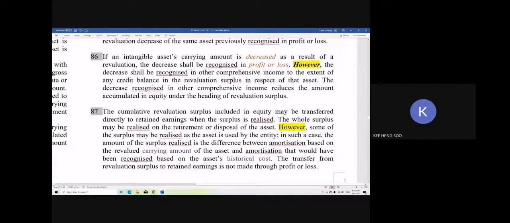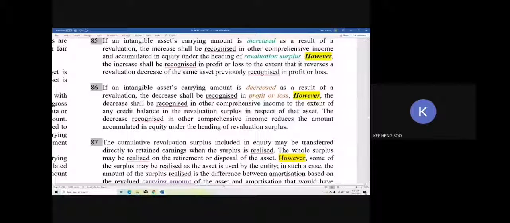Paragraph 85, 86, 87. When there's an increase, we credit to revaluation surplus. Who tells you? Realization concept says the gain is not earned, not realized.